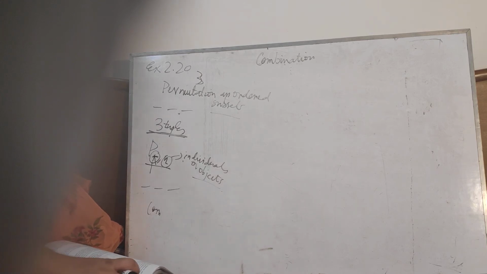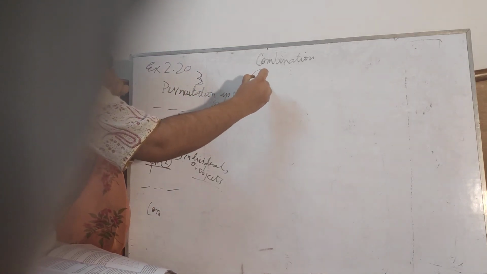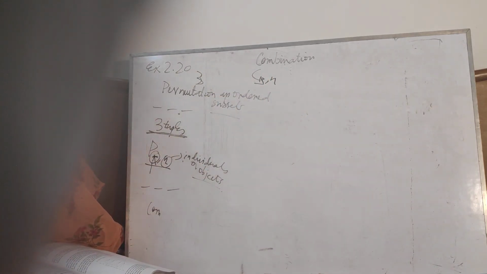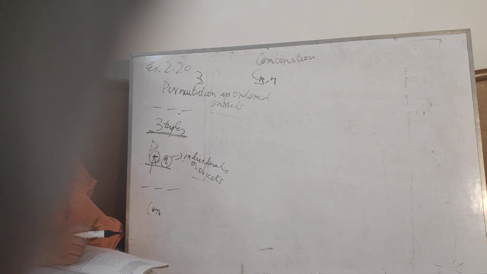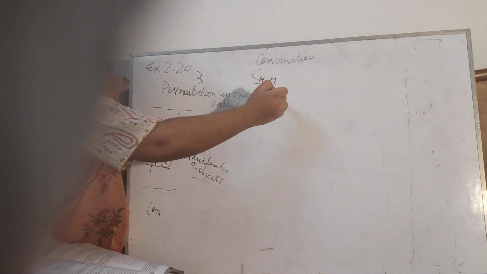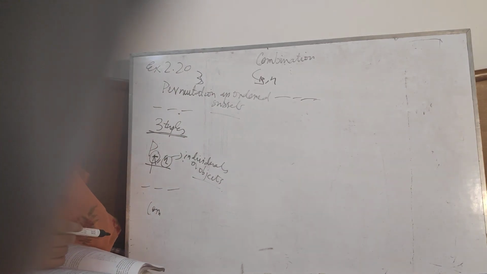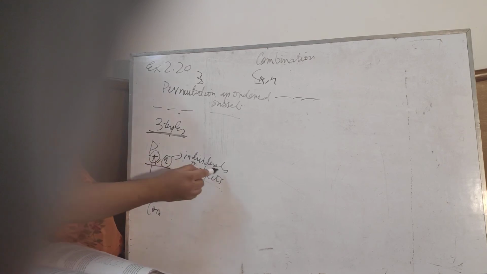One way to denote the number of combinations is C(k, n), where k is the size of the combinations that are being formed, and that would be your placeholders, and n would be the number of individuals or objects.